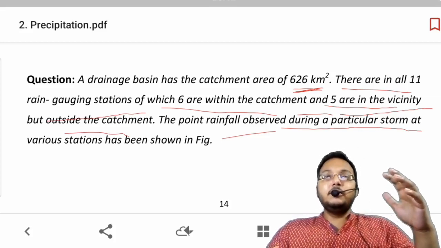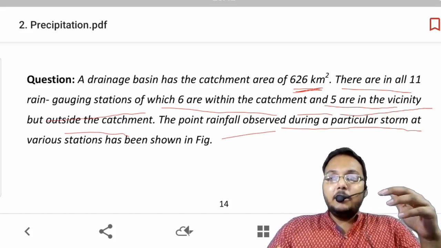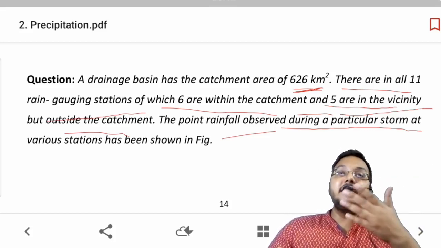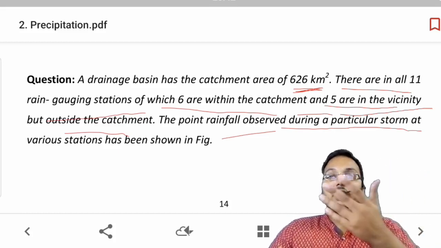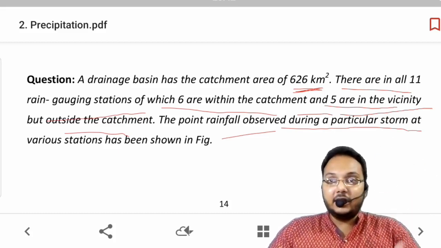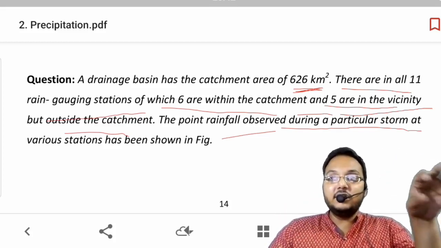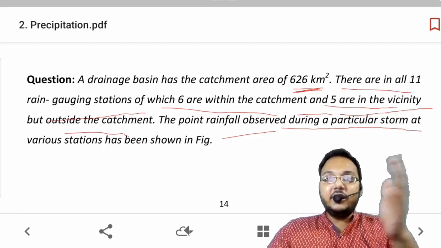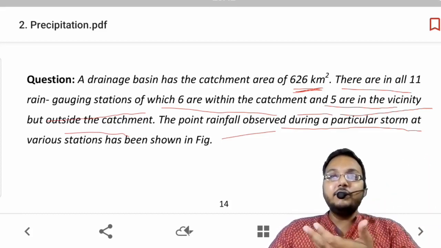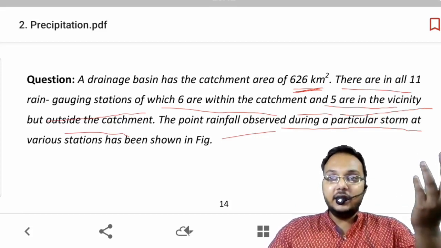Because if I am in Delhi, but there is some gauging station in Ghaziabad or Lucknow or Kolkata, of course that gauging station is not going to have any effect on the one in Delhi, because Delhi is very far from these places, and whatever rainfall occurs there will not be the same in Delhi.